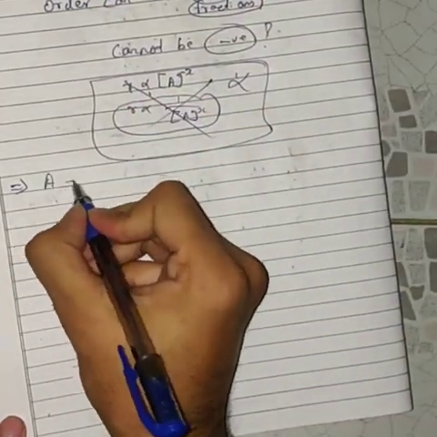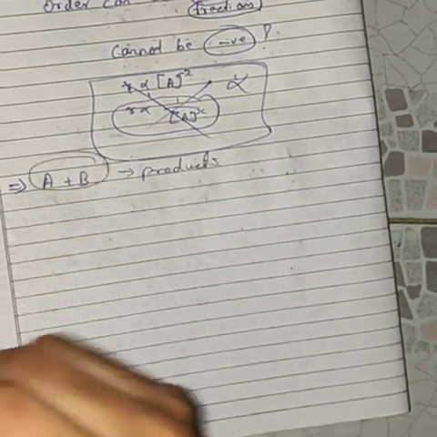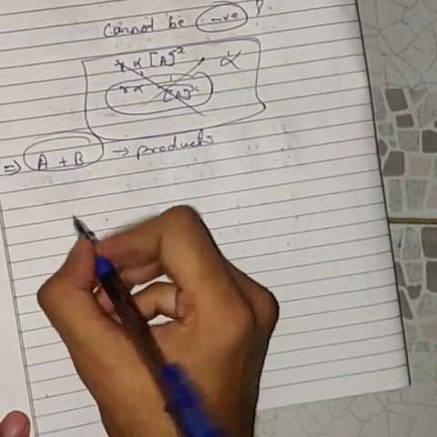For a reaction, again A plus B gives you products. We really don't care what is the product here, because again we focus on A and B, that is the reactant only.